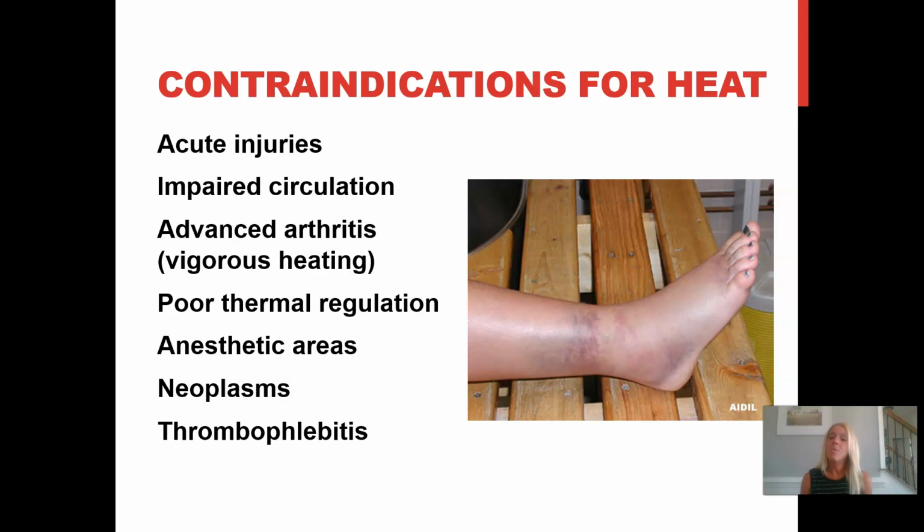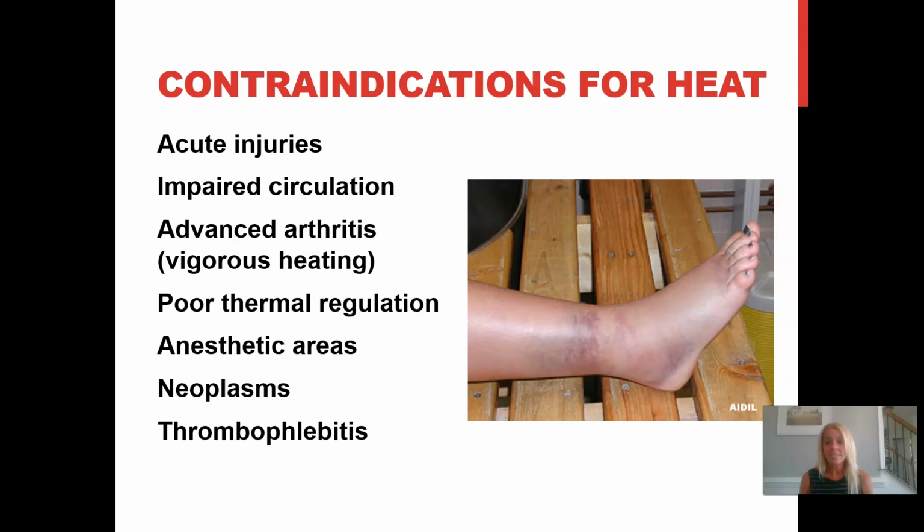But like I said, most of our patients with arthritis are going to like heat. They're going to use heat on their own. And so they certainly can use heat. So again, just be cautious, especially if we're really heating the area, especially with deep heat, which we're really not getting into so much with hot packs and paraffin and whirlpools. So you're pretty safe to use all of those.